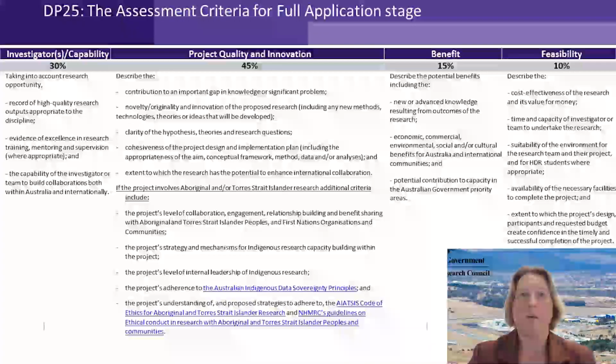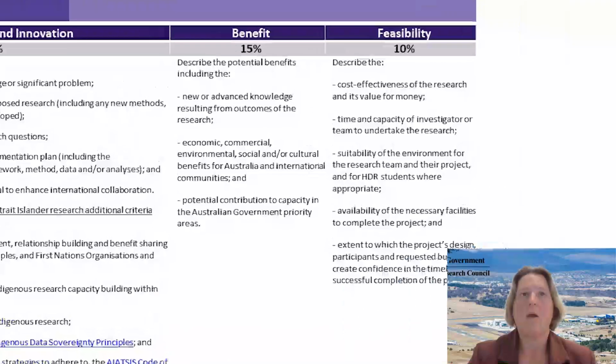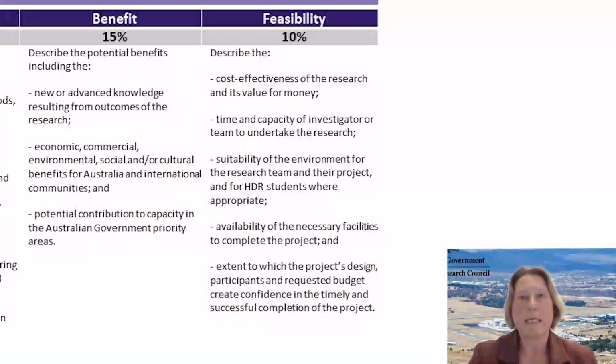When addressing the project quality and innovation criterion, particularly at Part C of the application form, the project description, applicants should answer the questions as set out in the instructions to applicants. You will notice that while feasibility is listed as one of the assessment criteria, it is not one of the mandatory headings stipulated in the project description section.